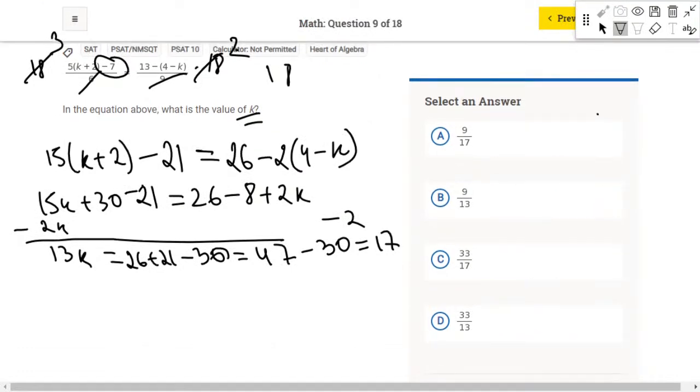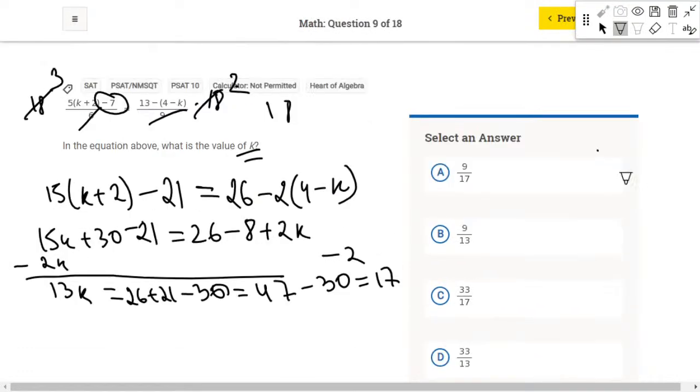I guess I made a mistake somewhere. Let me recheck it. So 2 by 13 is 26, minus 2 times 4 minus k. Here it looks fine. Let's check here, minus 21, 15k plus 30.